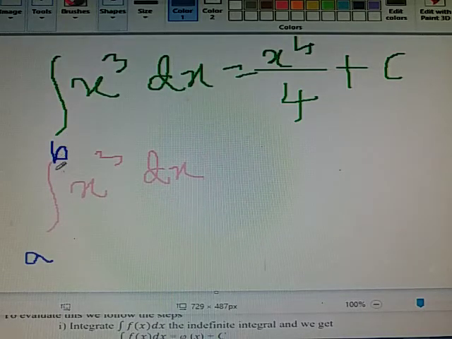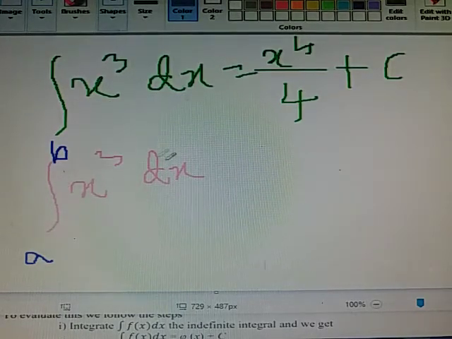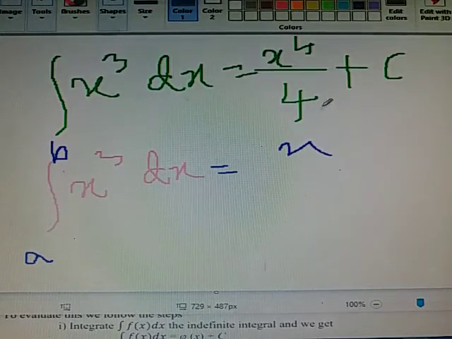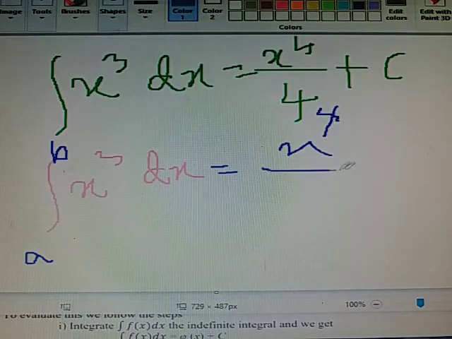So the limits are here. In the integration, this is the lower limit, this is the upper limit. There is no limit here, so this is an indefinite integral, and this one is a definite integral. When you do this, the formula is x to the power 4 by 4 plus c.